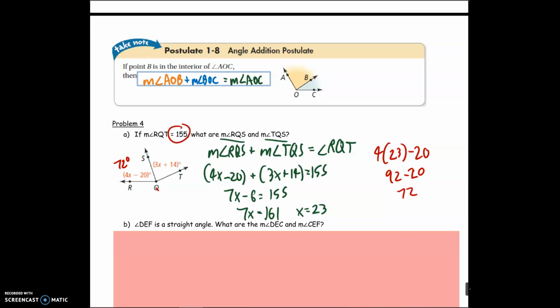But another way to do this is to remember that if the entire angle is 155, 155 minus the one that we already found will tell us what's left. And that's a little bit of a faster way to find that the other measurement is going to be 83 degrees. So we have 72 for the first that we find the expression for, 83 degrees for the one we took the shortcut with. And we know that since they both add up to 155, that's going to be that largest total.